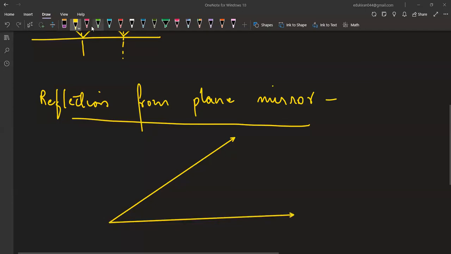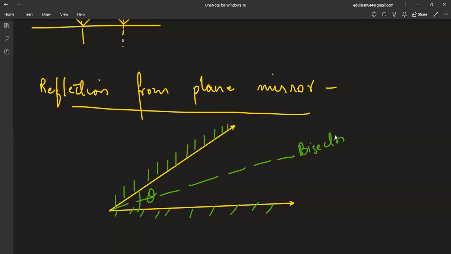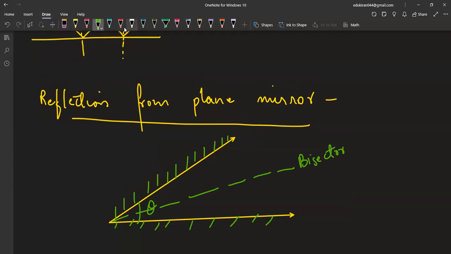Look, see, reflection from plane mirror. These are the two surfaces of the plane mirror. This side has been polished. This is the available area for reflection. This side also has been polished. Now there is some angle that is formed, and we also talk about a bisector, wherever the object can also be kept. This is known as the bisector. Here the object can be kept.